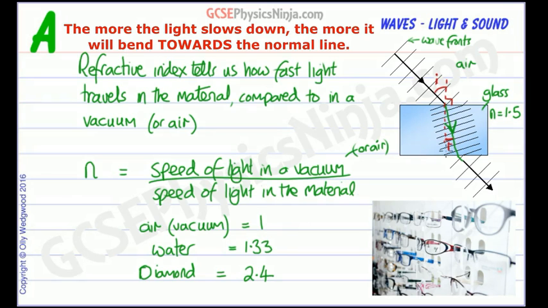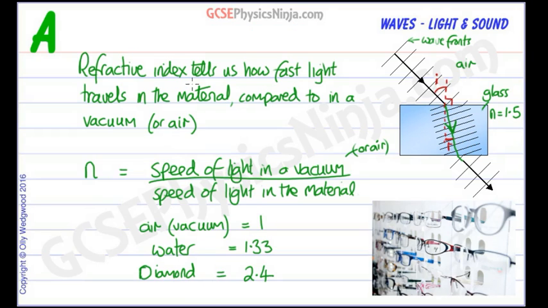It would bend through a very large angle. And that's one of the reasons why diamonds sparkle, because light gets trapped inside briefly as it gets reflected on the insides of the diamond due to the high refractive index. And that's total internal reflection, which we'll cover in another flashcard.